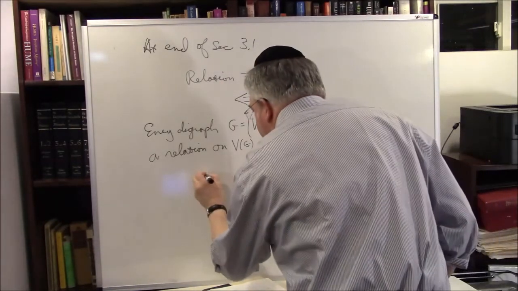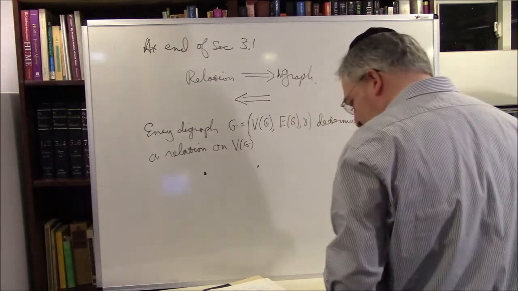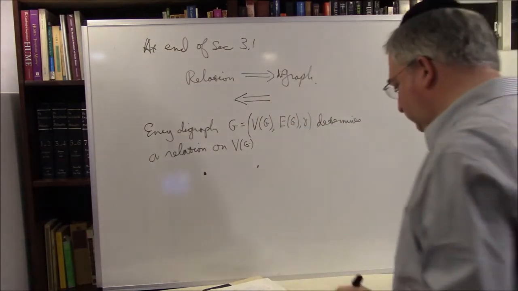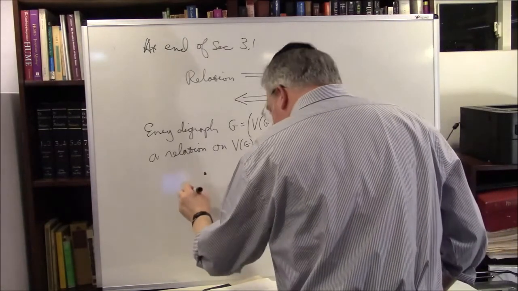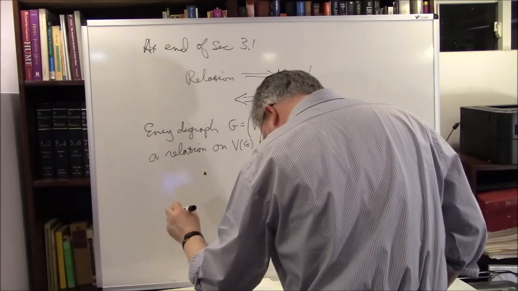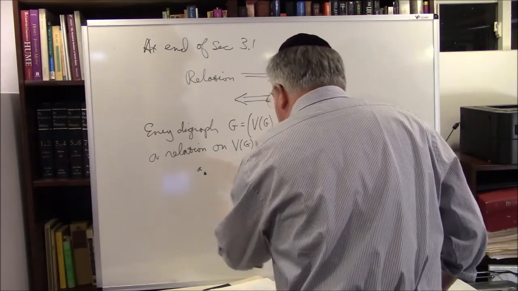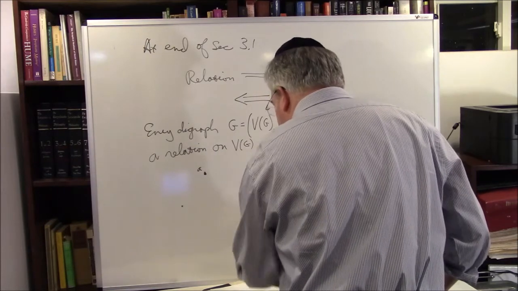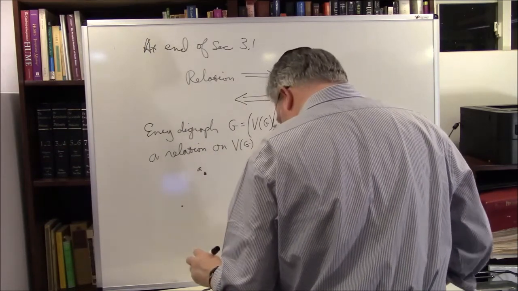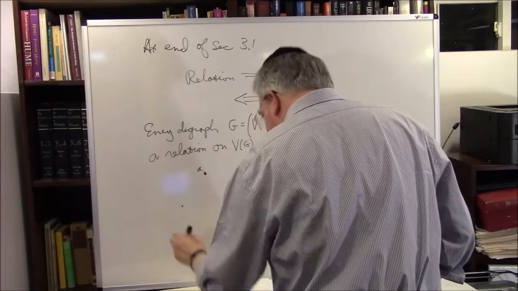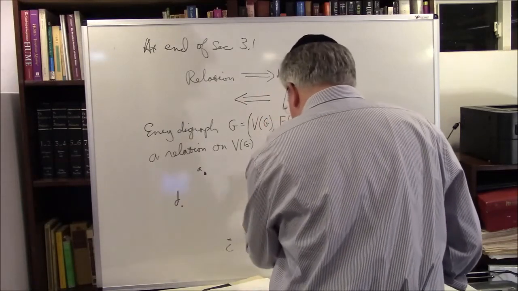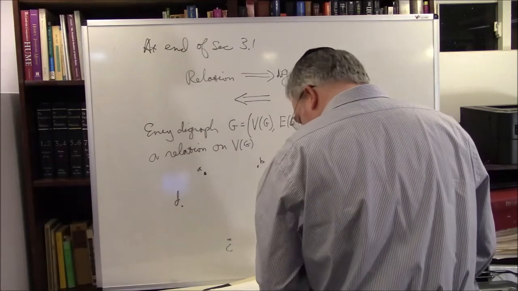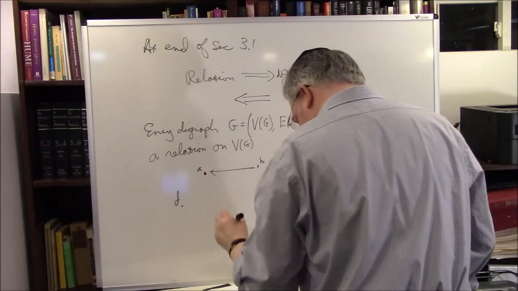You just need an example and you'll see it makes total sense. So we're going to call these vertices A, B, this is C, this is D, this is E. Let's go through this.